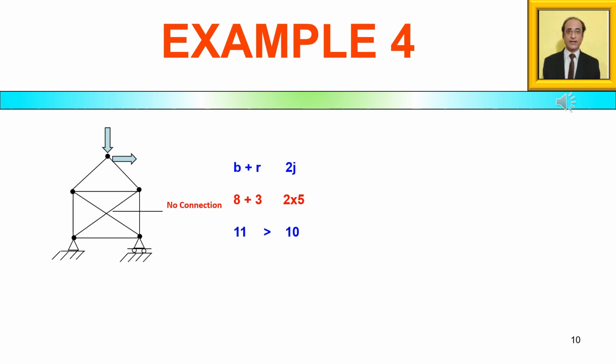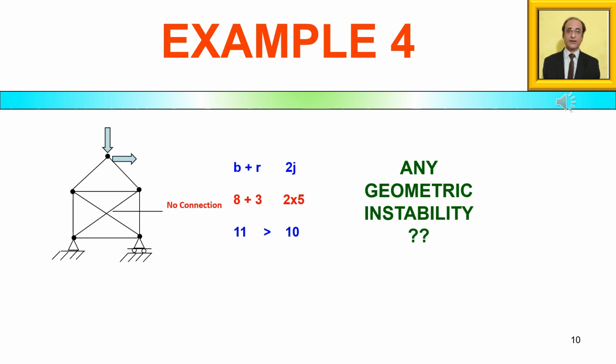Our observation is that the left hand side is greater than the right. Now we need to ascertain that there is no geometric instability. Yes, inspection says that there is no indication of any kind of geometric instability. So we can conclude that here the structure is stable and indeterminate to first degree.